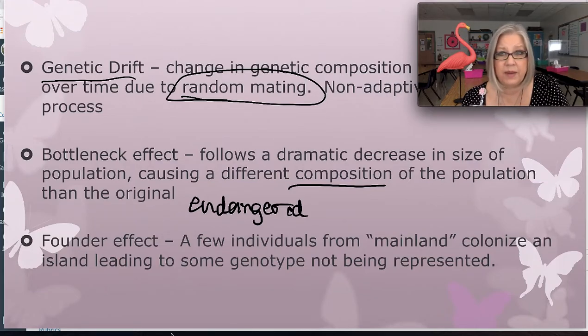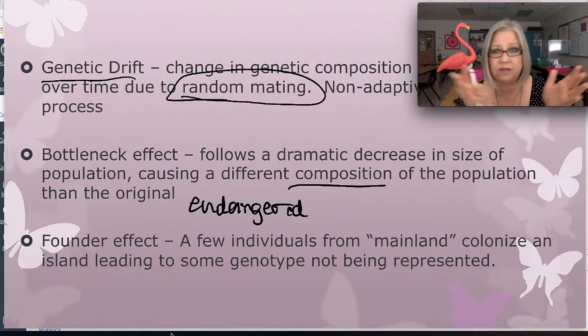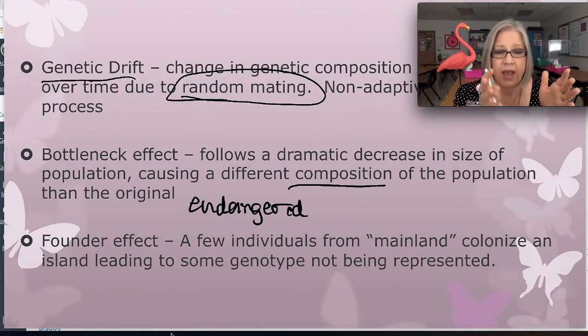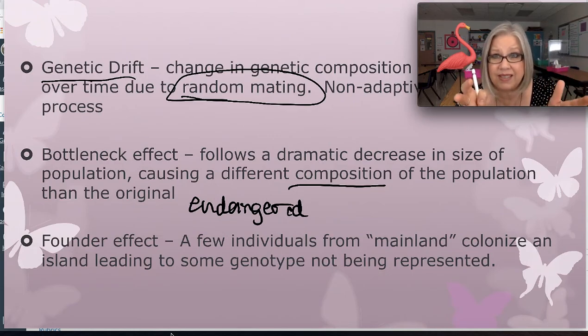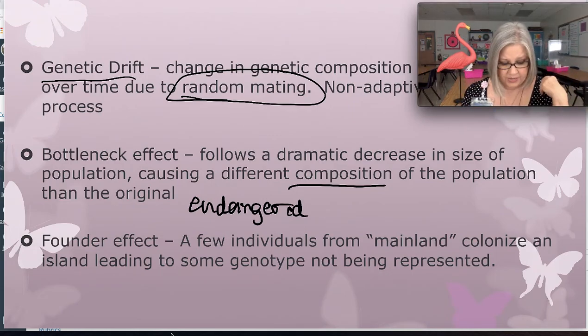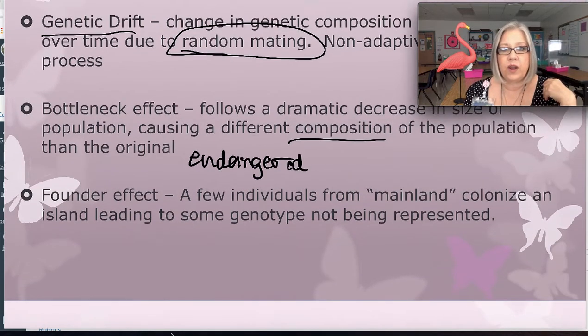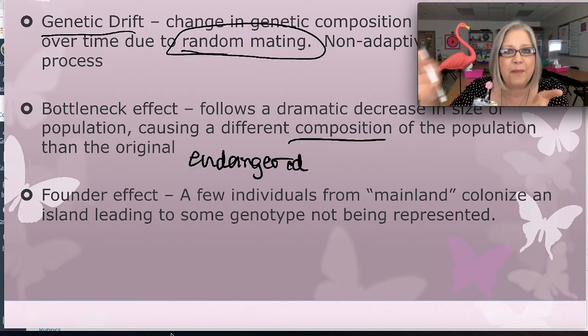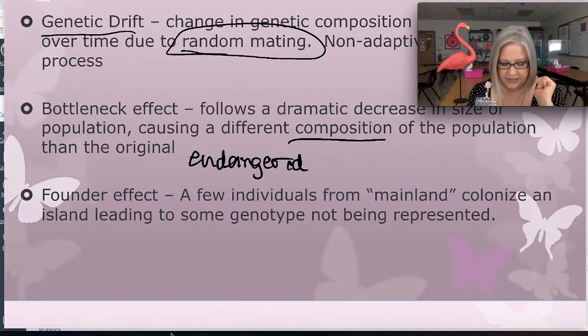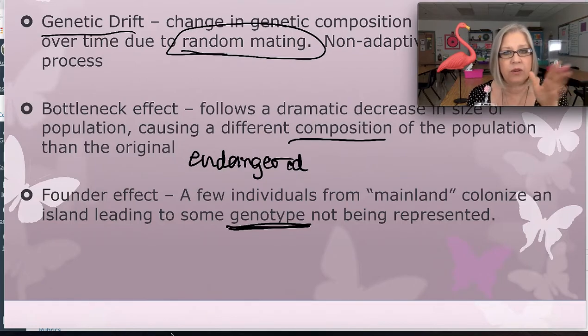Once they become endangered, you have this size population, and all you have left is the genetics that are present in those species. Founder's effect is where something swims across, doesn't come back, and so all the genetics that you have, all the genotype that's there, is whatever came over with the founders. Okay.